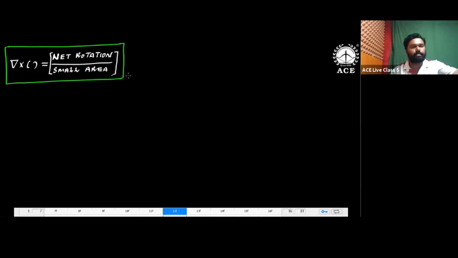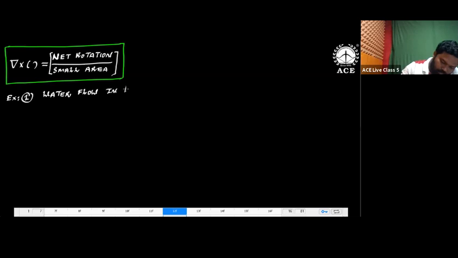What does that mean? Let us take some example to appreciate this one. Let us consider example number 1: water flow in the river. What is the water flow in the river?